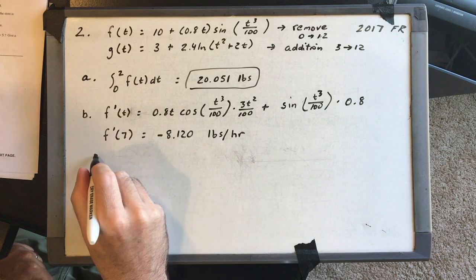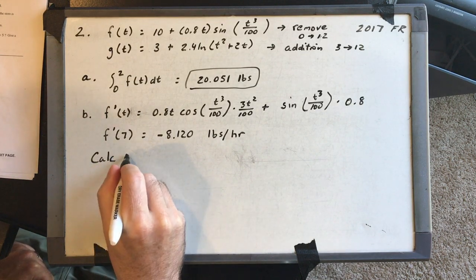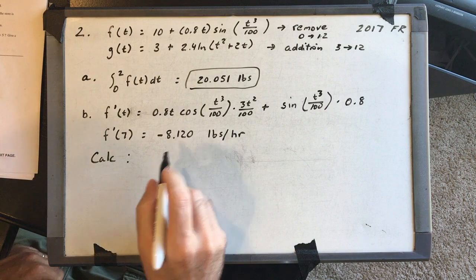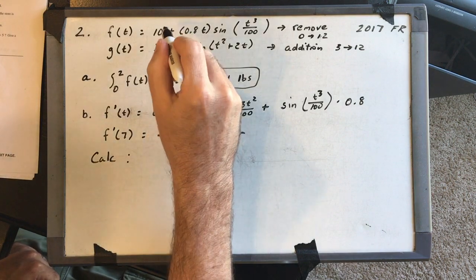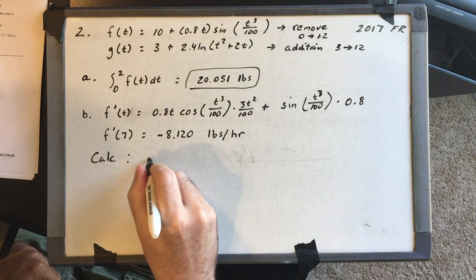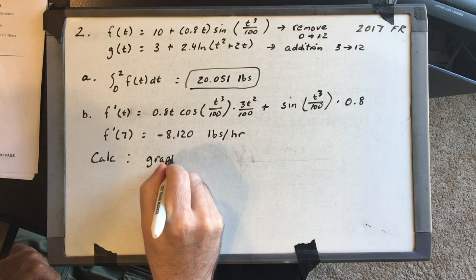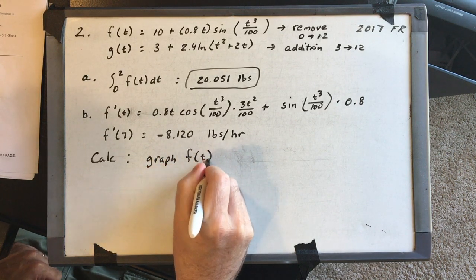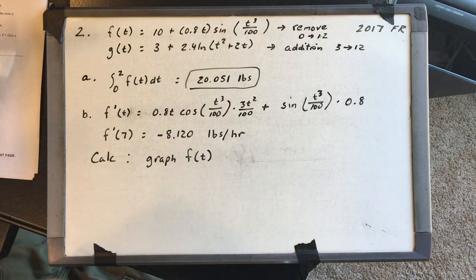But I want to give you a way you could do this in your calculator. So first, you want to take the original function f of t and graph it. Okay, not f prime of t, graph f of t.